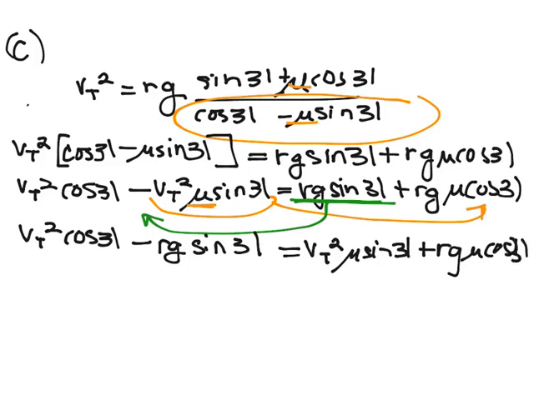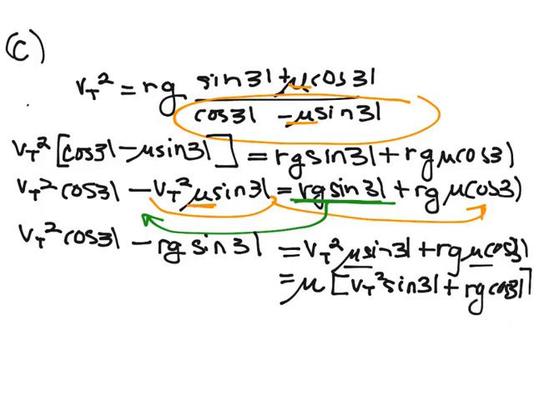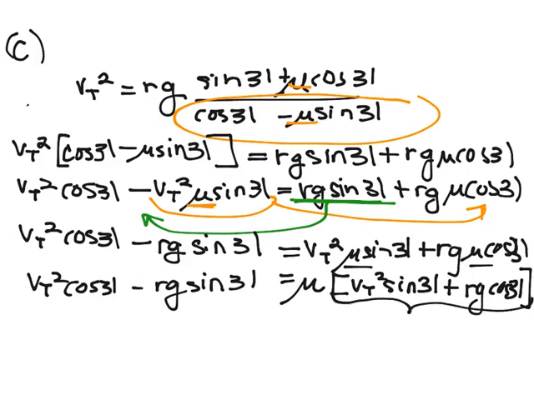I'm going to factor out the mu. When I do that, I get mu times vt squared sine 31 plus rg cosine 31. And on this other side, I have vt squared cos 31 minus rg sine 31. My last step is to divide both sides by this term so that I get mu by itself.